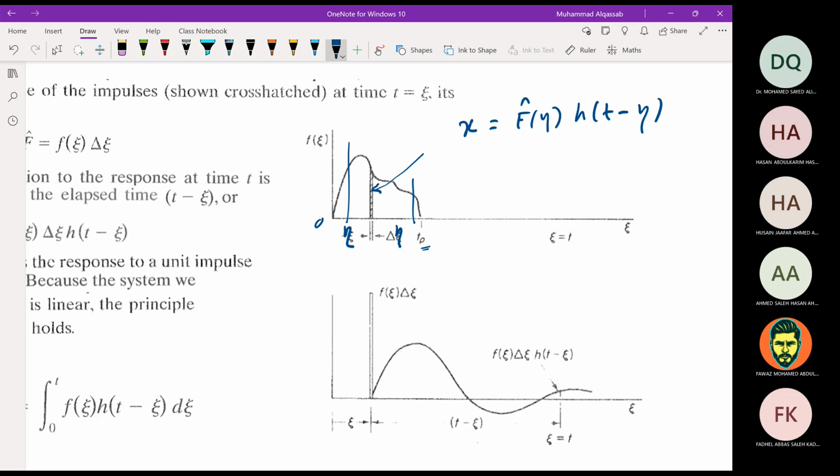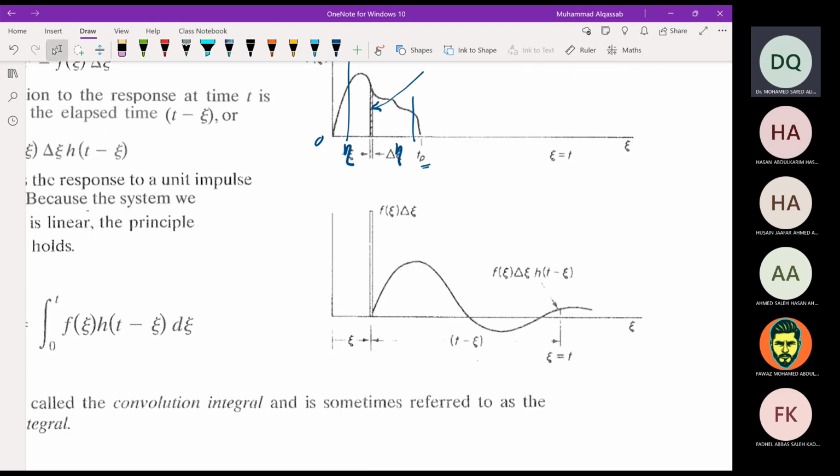And as you can see in the second figure, this is the impulse at t equal to eta. So this is eta. And this is the resulting response.